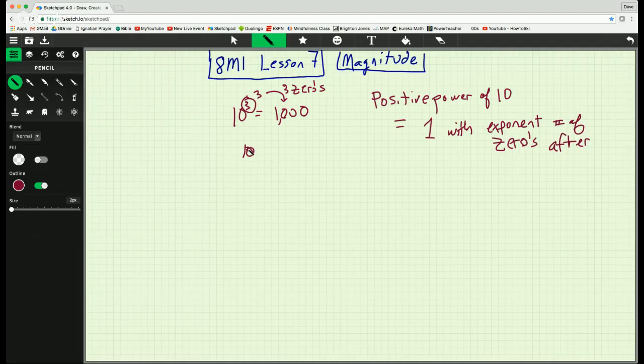10 to the 8th equals 1 with 8 zeros: 1, 2, 3, 4, 5, 6, 7, 8.